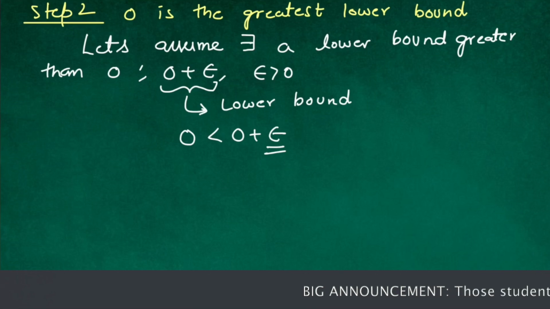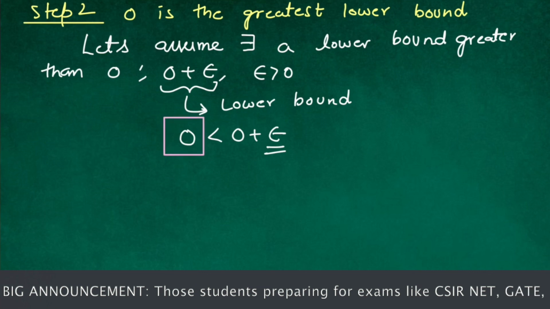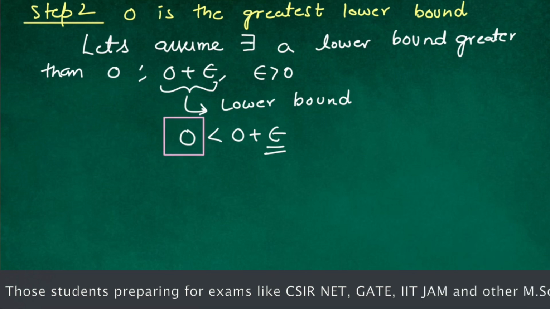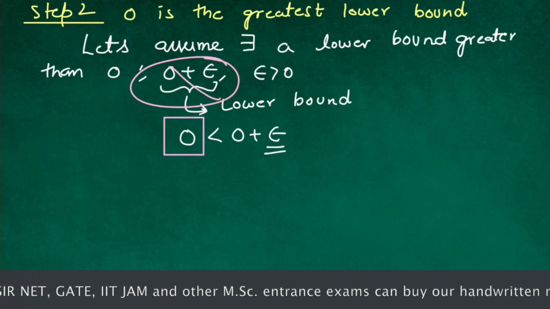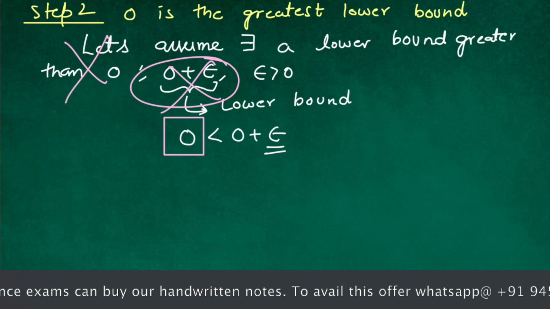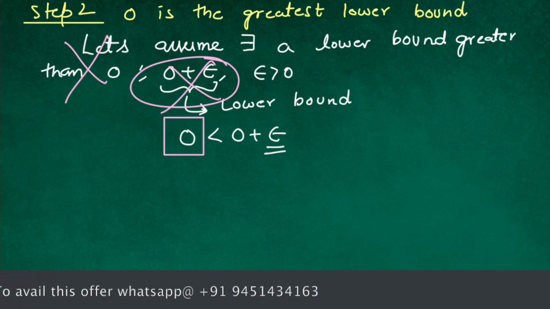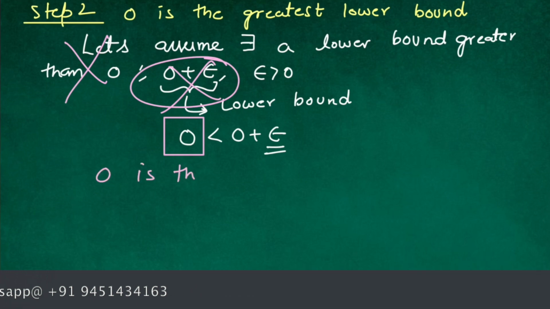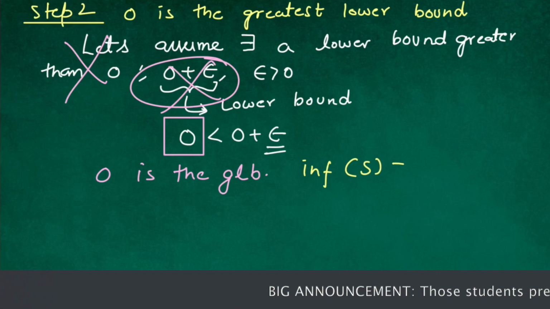So here we can see that a member of set S is not greater than this lower bound. That means this cannot be a lower bound. That means our assumption is wrong. Hence we can say that 0 is the greatest lower bound. So the infimum of set S is 0.